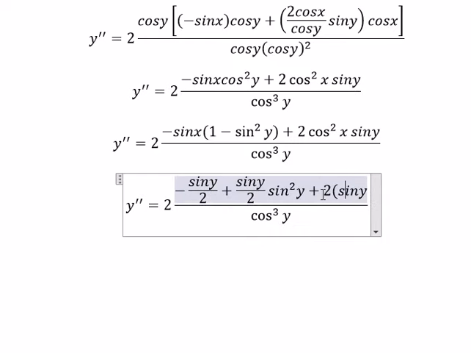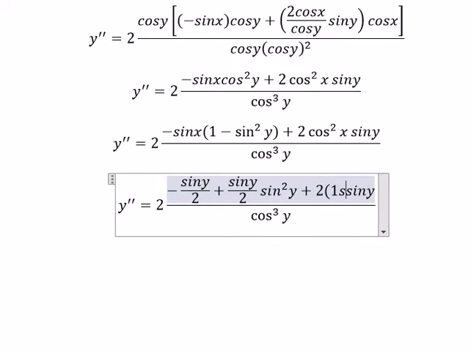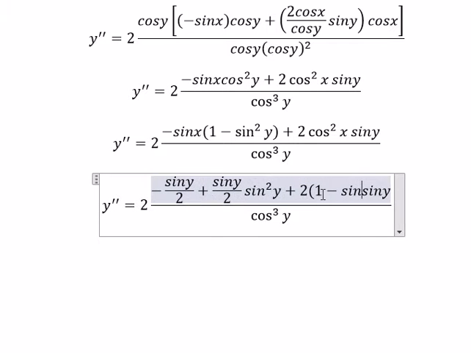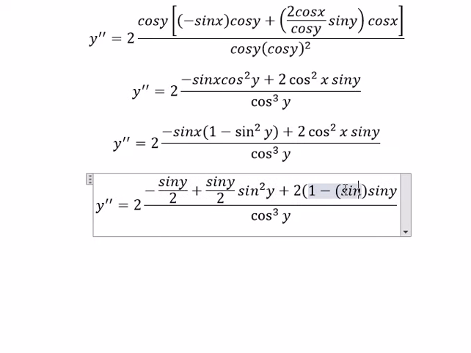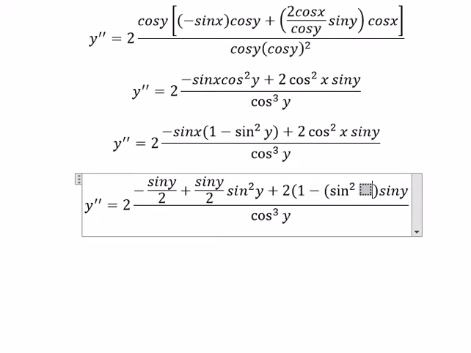This one we change to 1 minus sine x squared. So that means you get sine y to the power of 2 over 4.